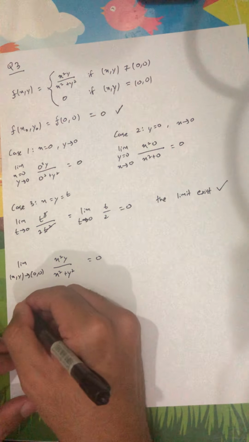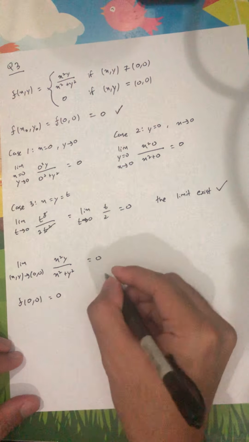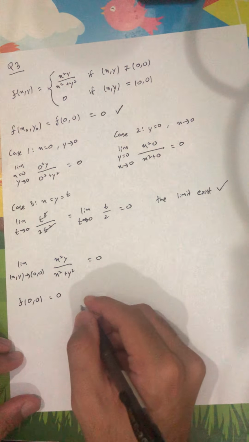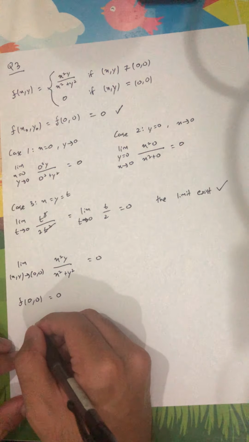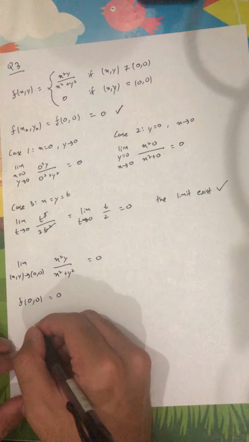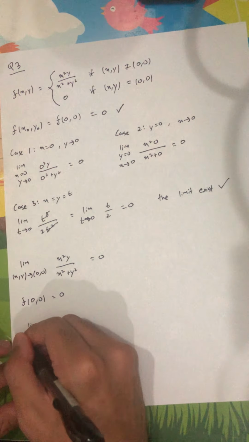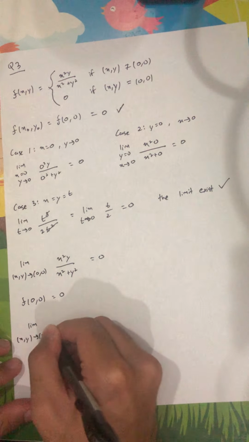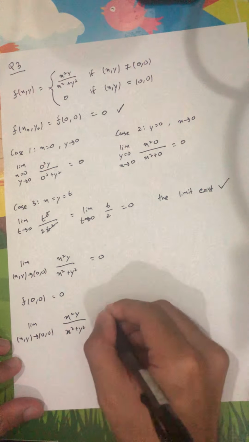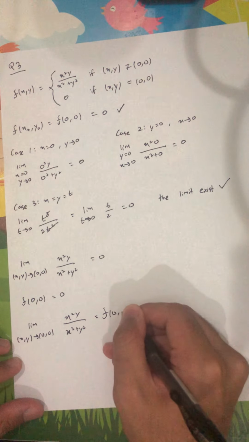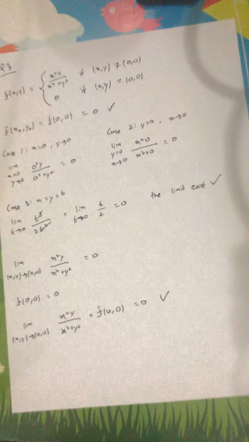So this is 0, and f(0, 0) is also 0, so they are equal, which means, let me just rewrite again, just to make you see it clearer. So this is the third rule. So all rules are satisfied.